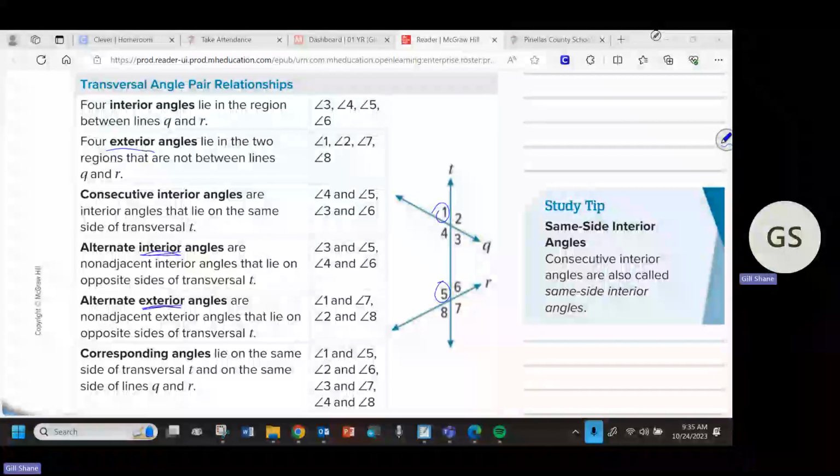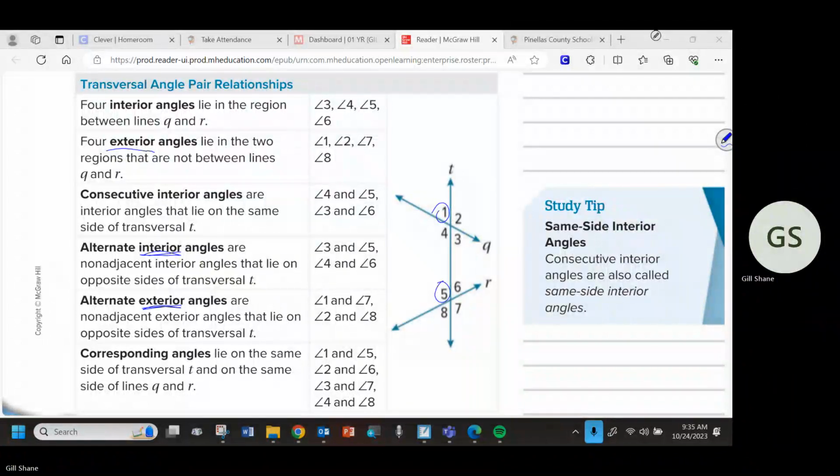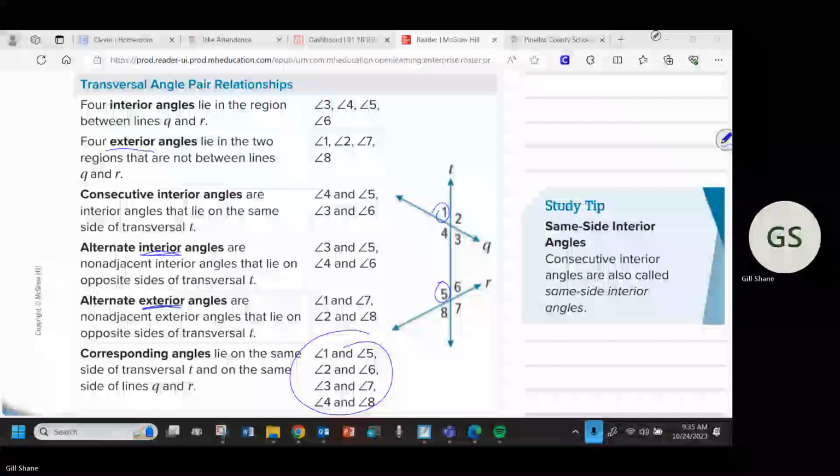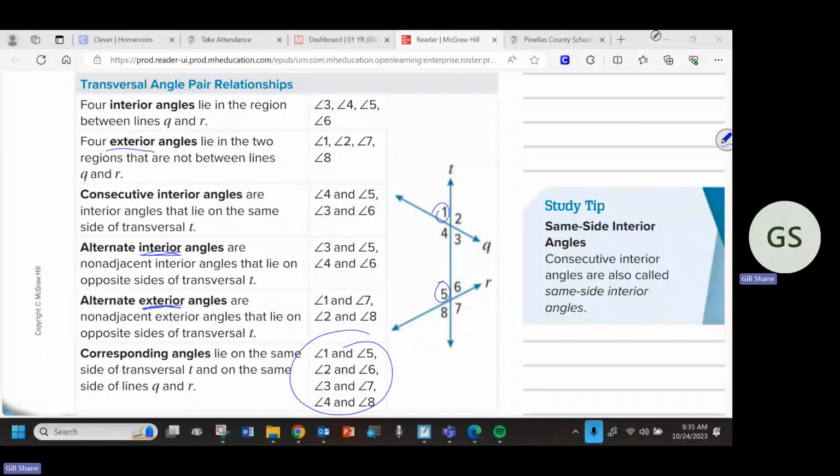So same side of the transversal. 1 is interior, 1 is exterior. And they can't be next to each other. I can't say 1 and 4 are corresponding. So they can't be next to each other. So 1 and 5 or 8 and 4. I mean, again, they're all right here. That's corresponding. And you definitely need to know those last 3.